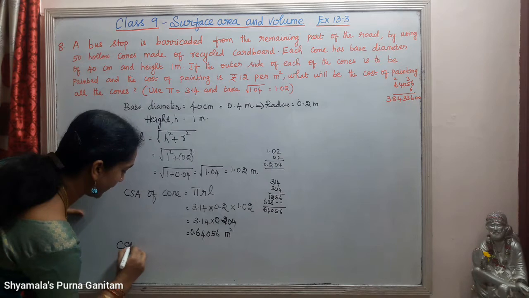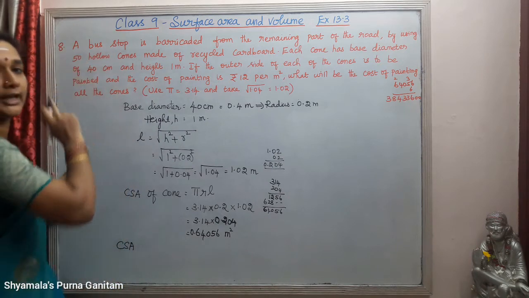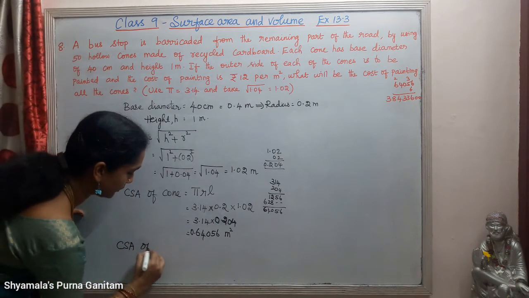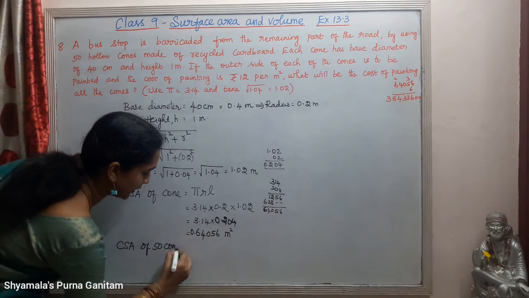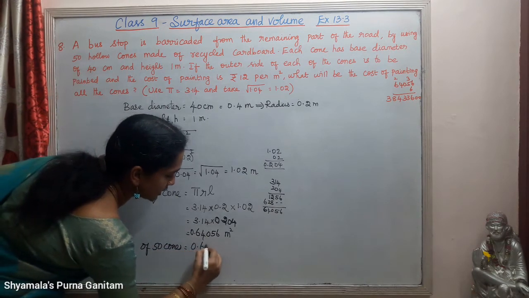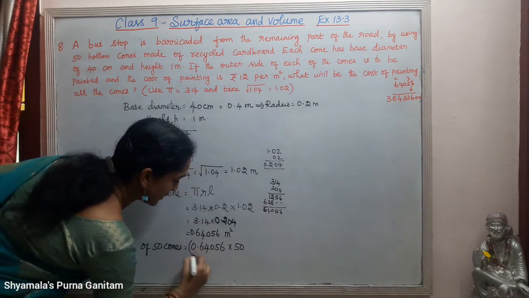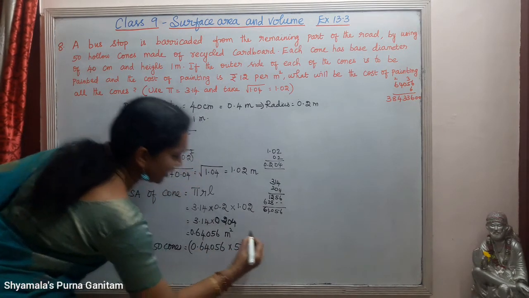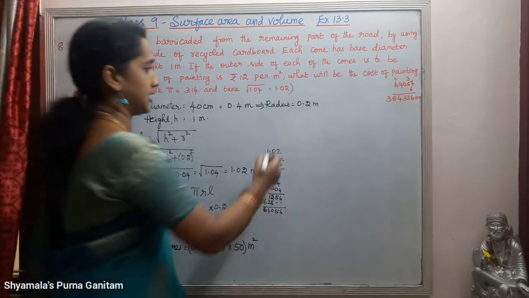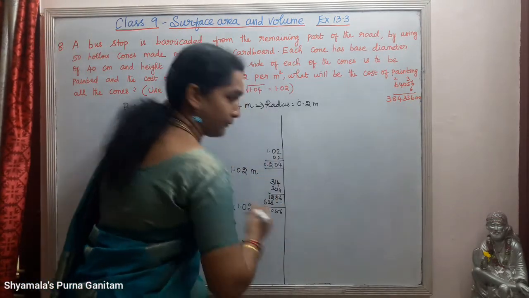So we need to find curved surface area of 50 cones. So CSA of 50 cones is equal to 0.64056 into 50. So this much meter square. We are asked to find the cost. So cost of painting that 50 cones.